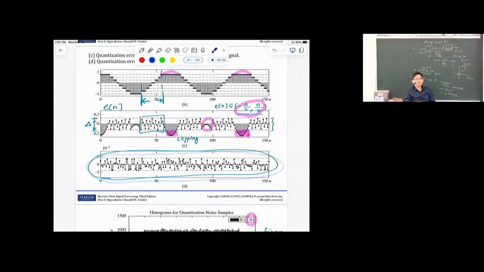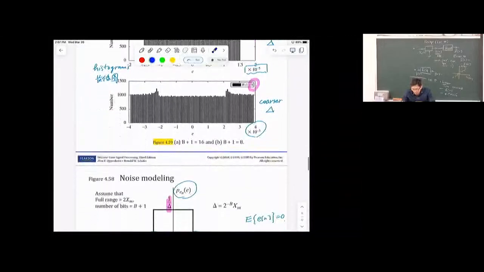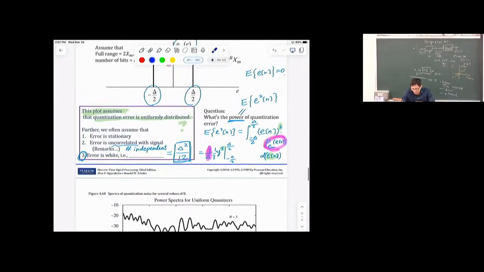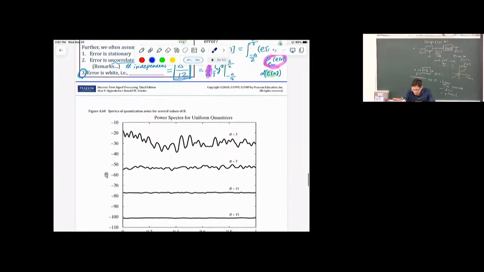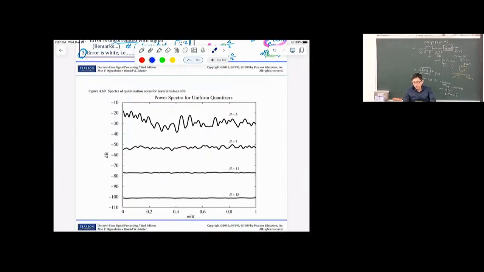So we need to talk about what we mean for a random process to be white. White means that the power spectrum of our noise is flat.